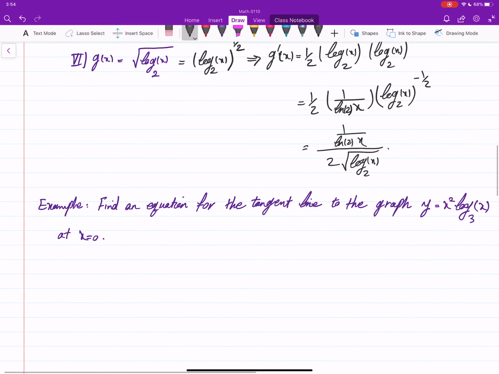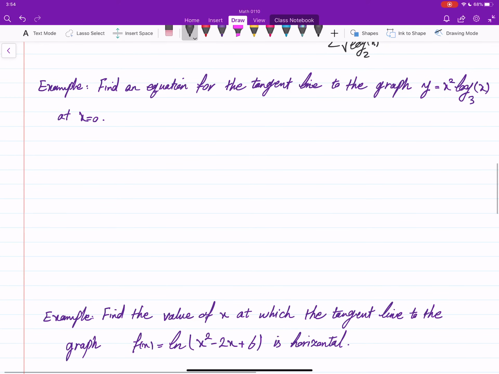Okay, let's move on to another example. Find an equation for the tangent line of this graph. Remember, this x is supposed to be 9. Yes, this x is 9, not 0. Oh, 3, sorry, 3, yes. This x is 3, okay.